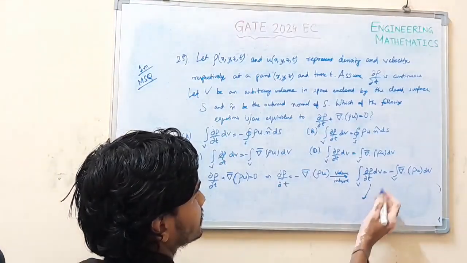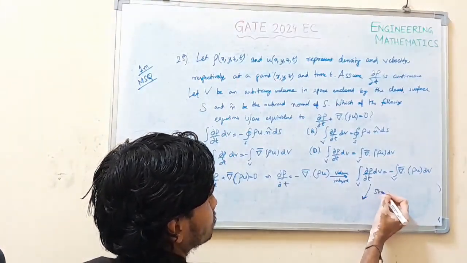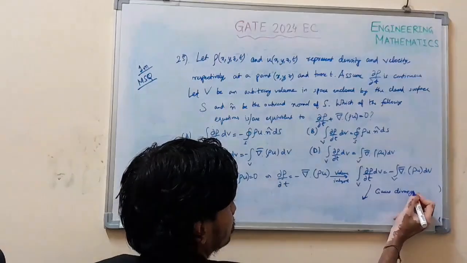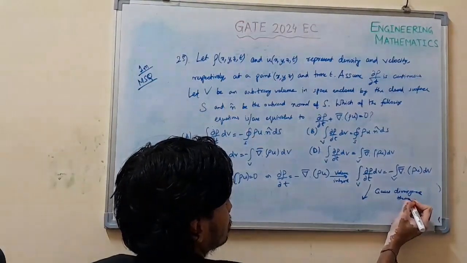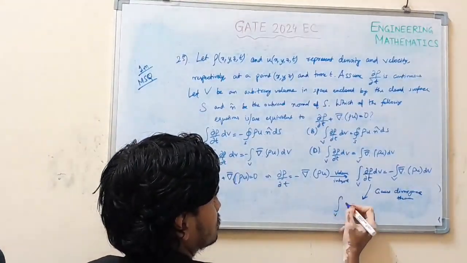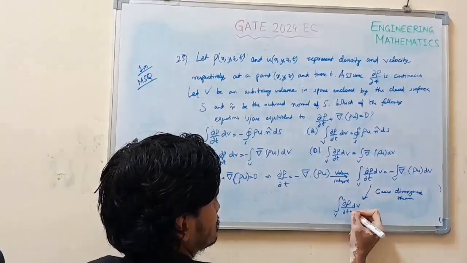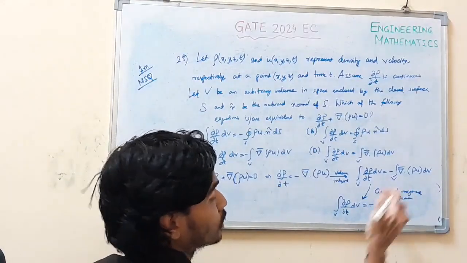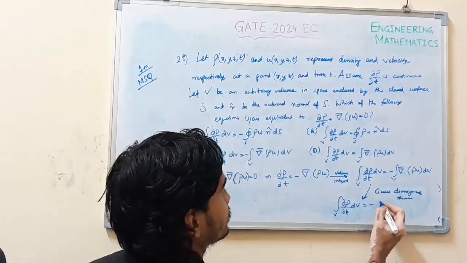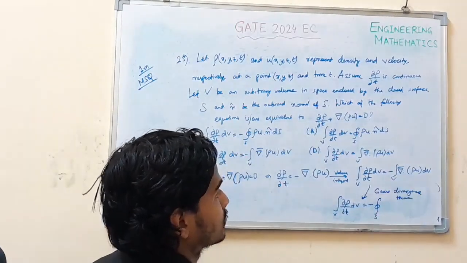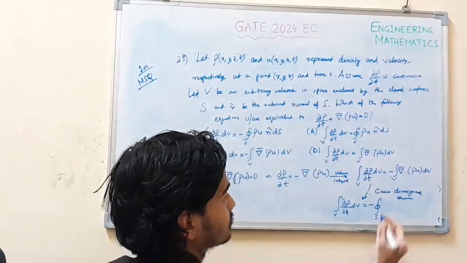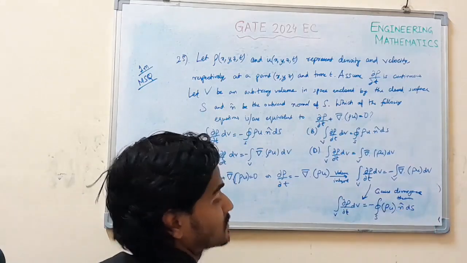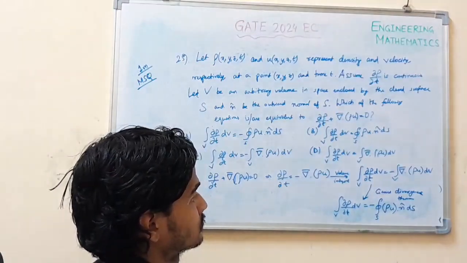Now, let's apply Stokes theorem. Oh, sorry, Gauss divergence theorem. The volume integral converts to a surface integral.